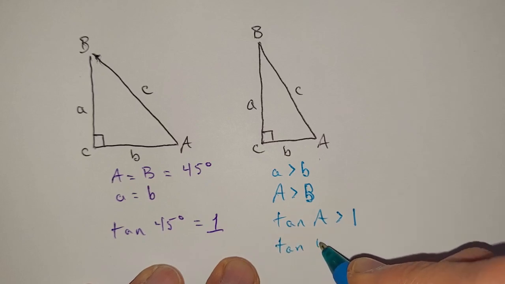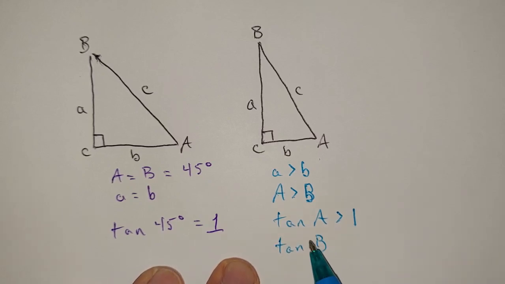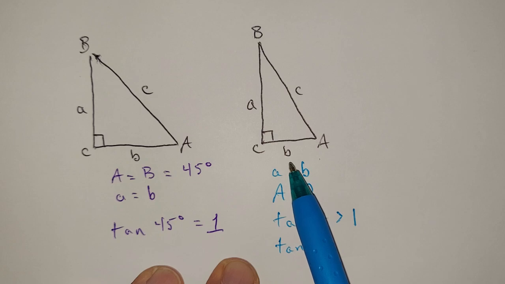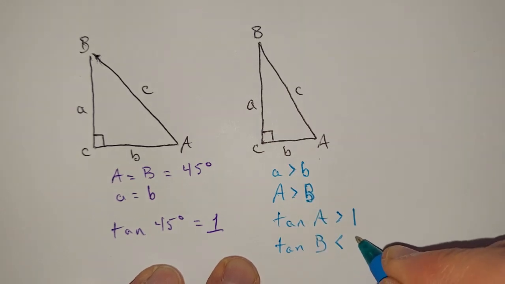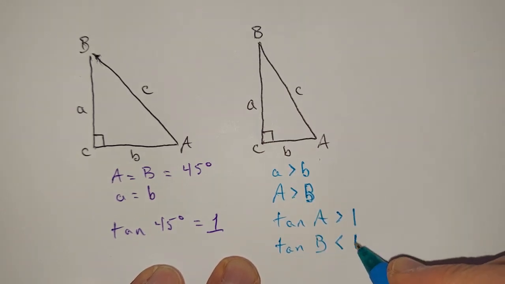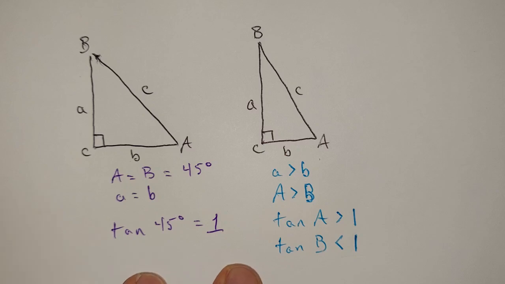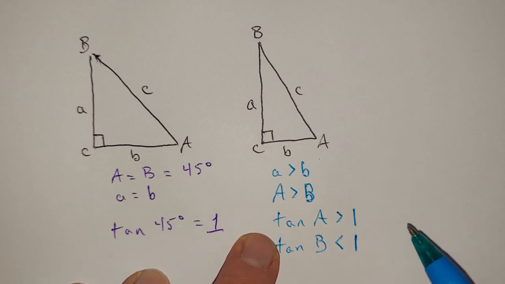The tangent of B, which is less than 45 degrees, is going to be less than 1. So 1 through 44 degrees, tangent is less than 1. At 45 degrees, it's 1. Greater than 45 degrees, 46 to 89 degrees, it's going to be greater than 1.